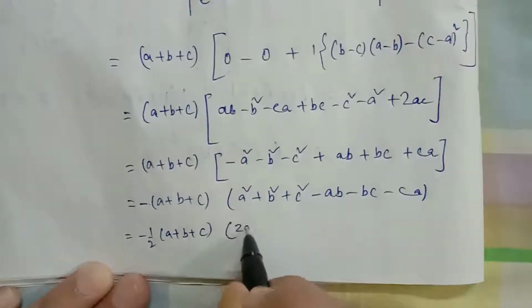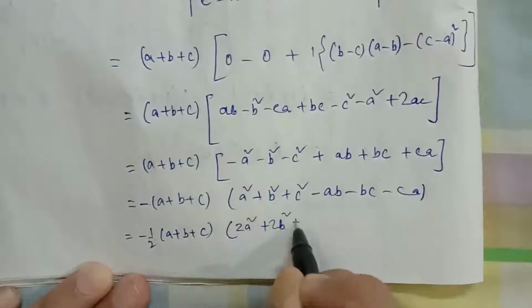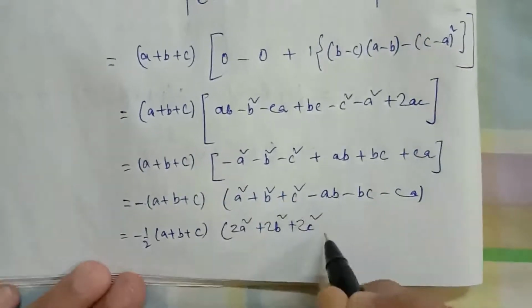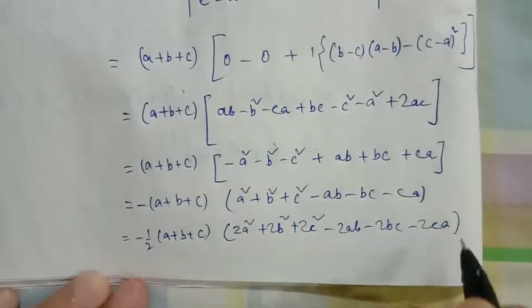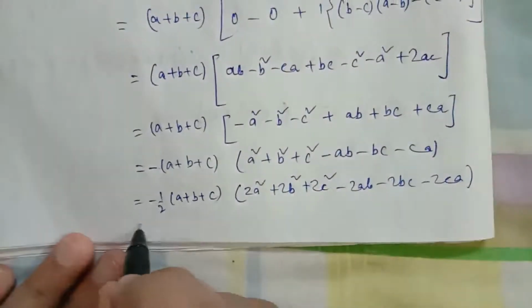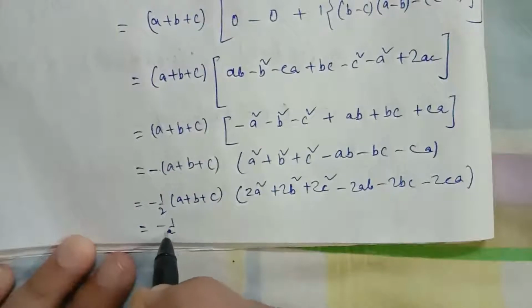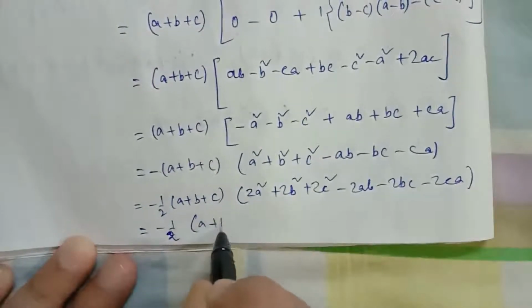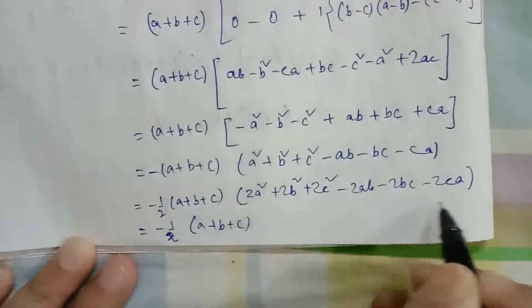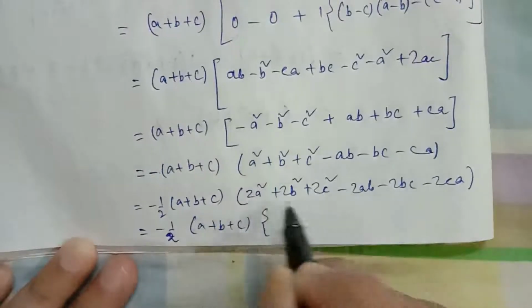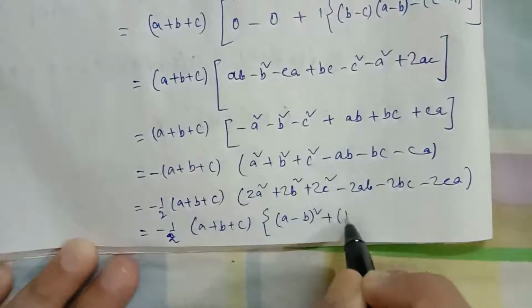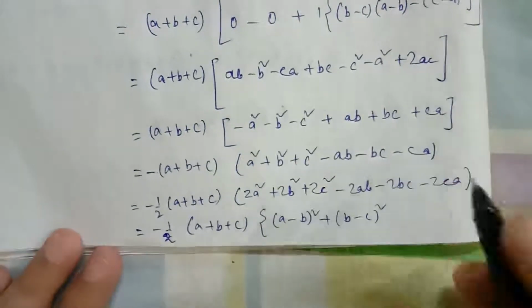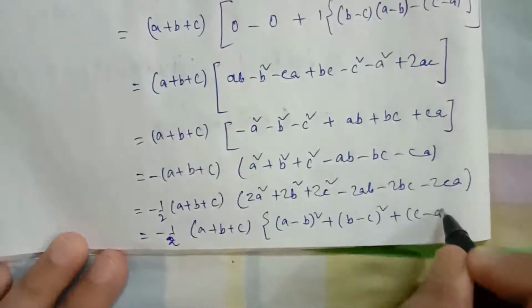This will become 2a square plus 2b square plus 2c square minus 2ab minus 2bc minus 2ca. And if we simplify this, we can write it as a minus b whole square plus b minus c whole square plus c minus a whole square.